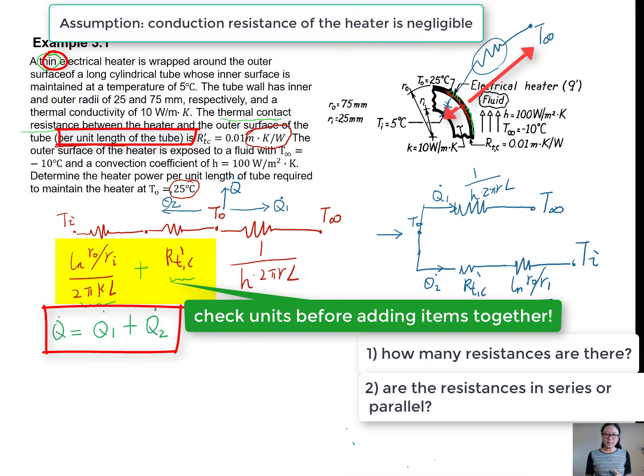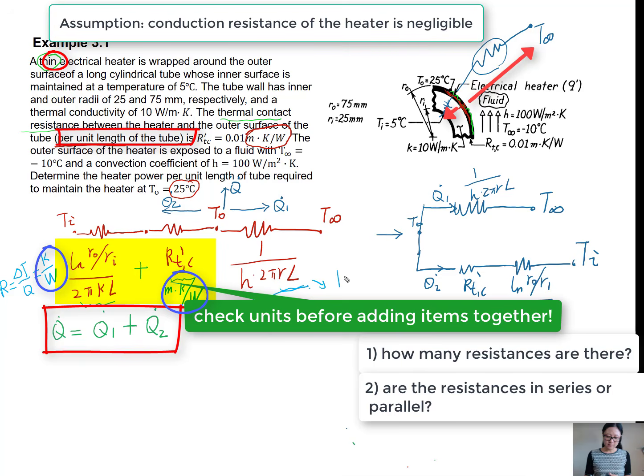The unit of the contact resistance here is meter Kelvin per watt. What is the unit of this? Remember, this is regular resistance. It is temperature difference divided by Q. So the unit of this is Kelvin per watt.